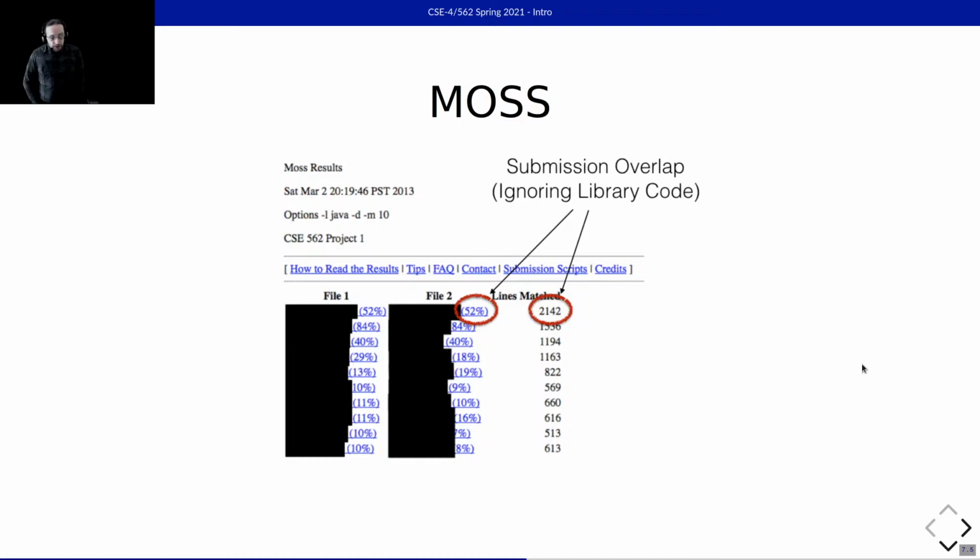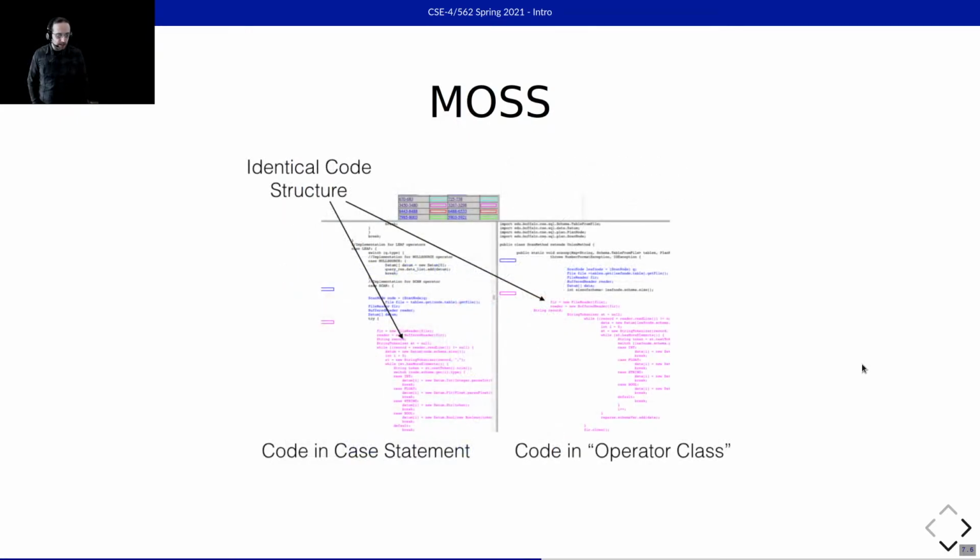I have a bunch of tools for detecting academic integrity violations in my toolbox. One common one that I use is called MOSS. Many of you are probably familiar with it. Essentially, just to give you a sense of what we're doing here, it looks at how much code overlap there is, how much overlap there is in the structure of the code that is being developed. And it's really good at figuring out when two people have submitted code, even if the structure of that code has changed significantly.